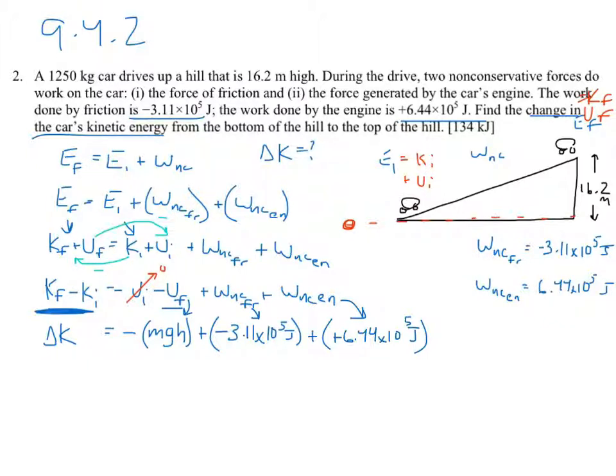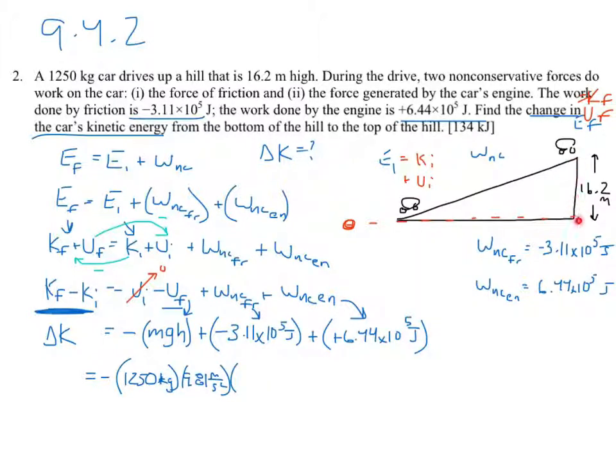Okay, all that's left to do now is plug and chug. Oh, well, we did that already with the non-conservative forces. I've got to plug in my values for mgh. We can't forget that this is a minus out front here. That's going to make all the difference, all right? Equals minus, what's the mass of the car? 1250 kilograms. G is 9.81 meters per second squared. We know that. The height, what's the height of the hill?